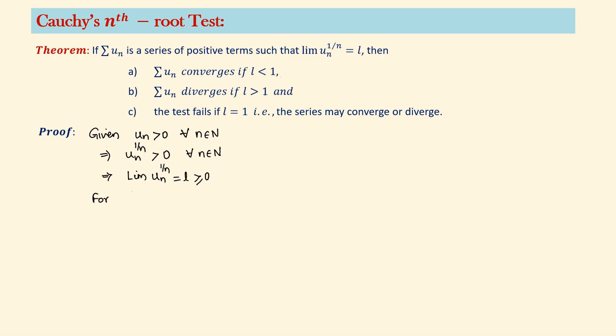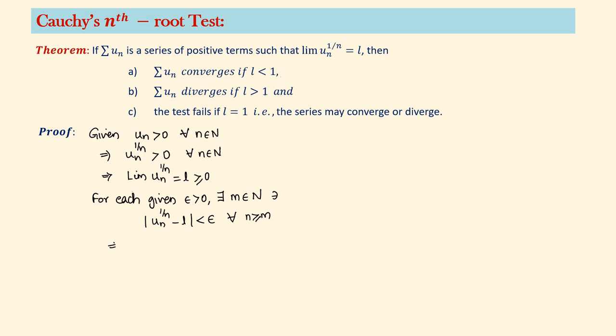For each given epsilon greater than 0, there exists m belongs to N, or we can say Z plus, such that modulus of un power 1 by n minus L is less than epsilon for all n greater than or equal to m. This is the definition of convergence, limit of a sequence.